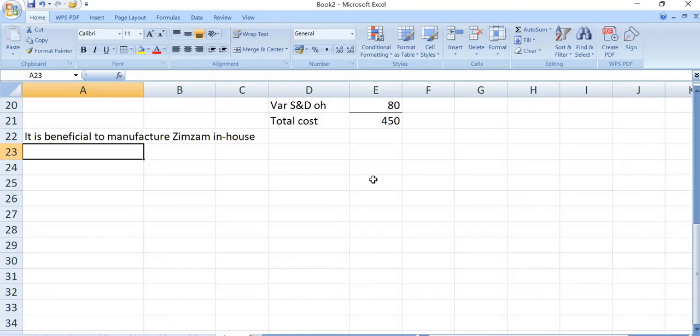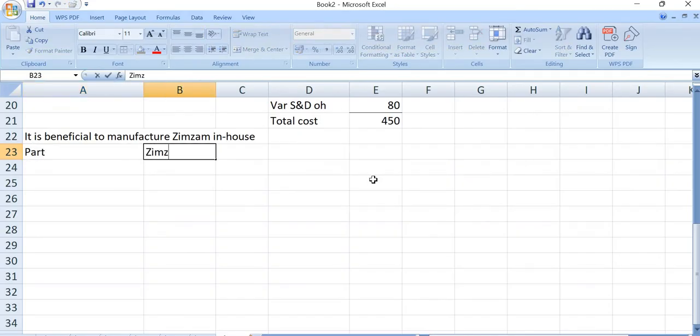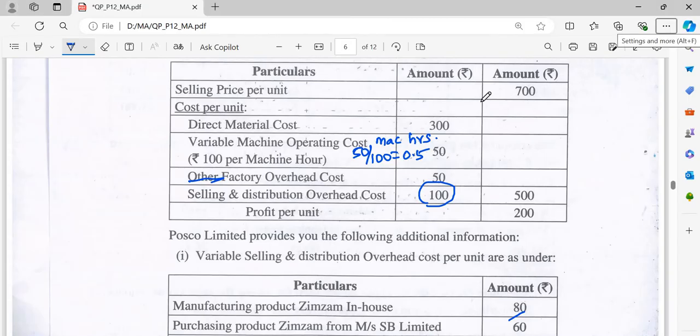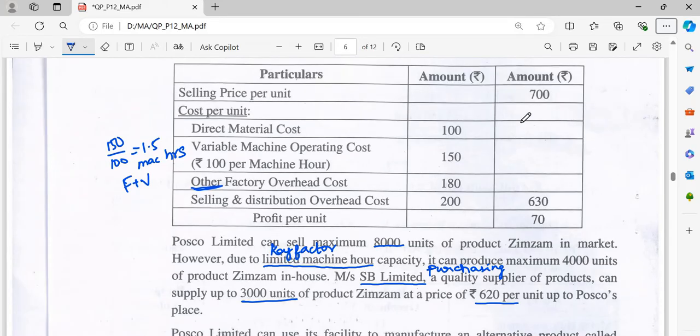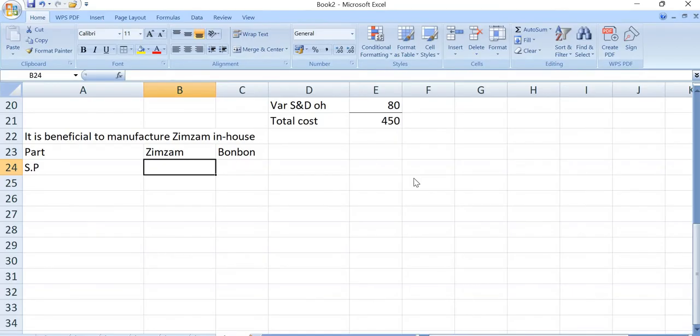Remember, this is a key factor problem. Here the selling price per unit they have given is 700 rupees for bonbon and 700 rupees for Zimzam. So both 700.